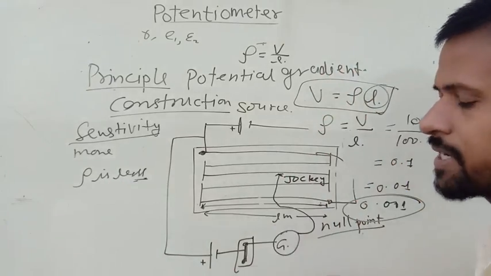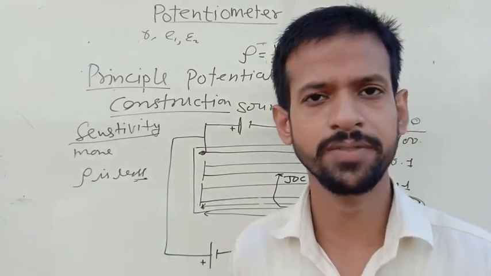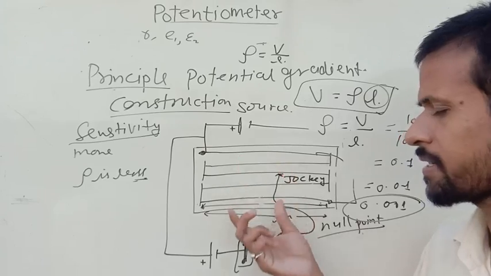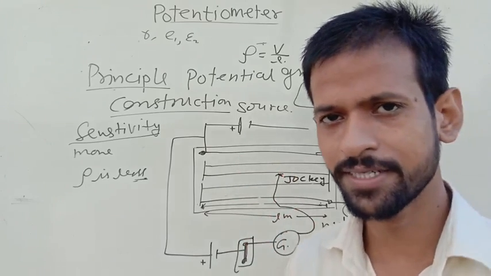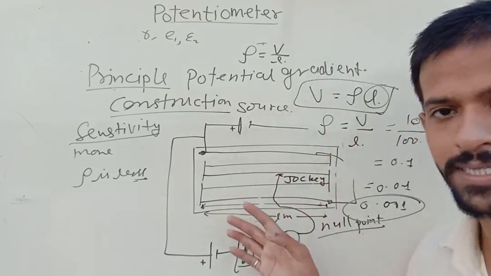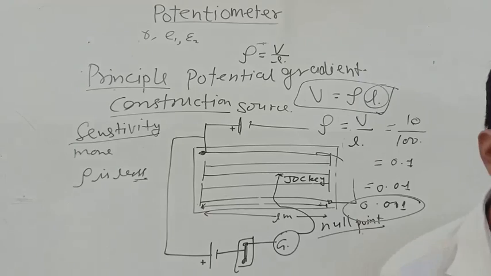So to calculate the accurate value of potential difference V, we take a resistance wire of 5 meters or 7 meters.